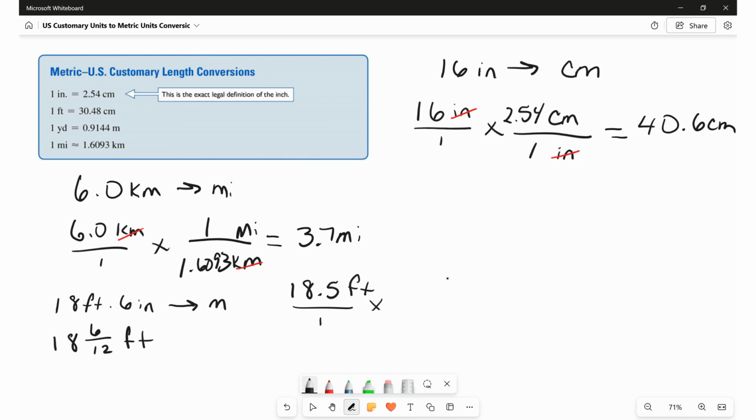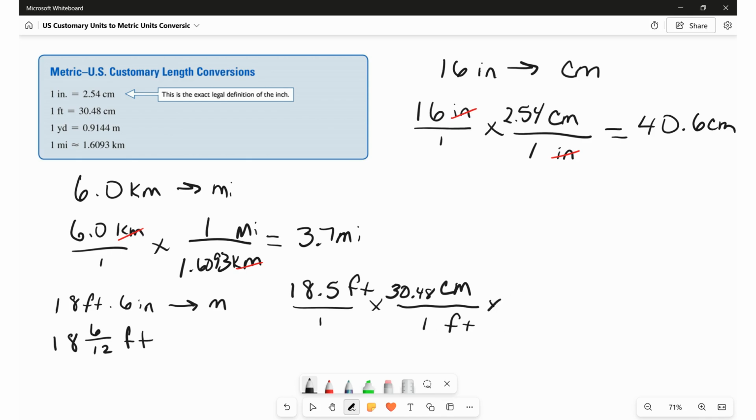And we want to get to meters. We need feet down here. So our conversion for feet and meters, we don't have one, but what we do have is one for centimeters. So we can say 30.48 centimeters over 1 foot.